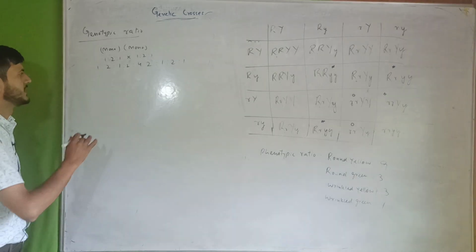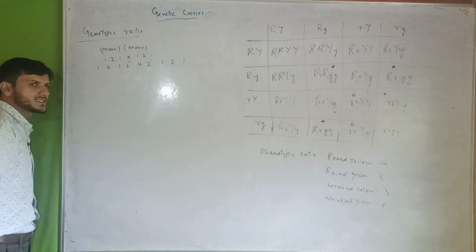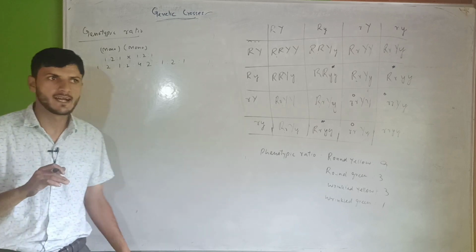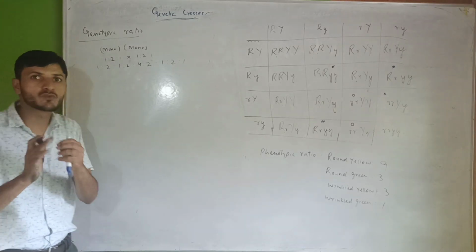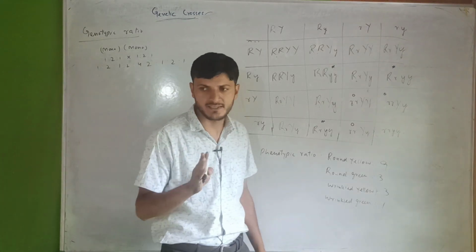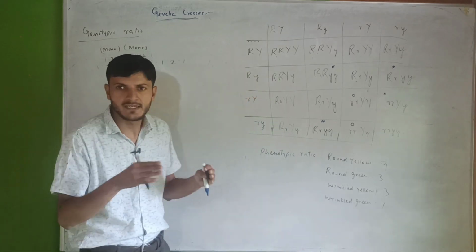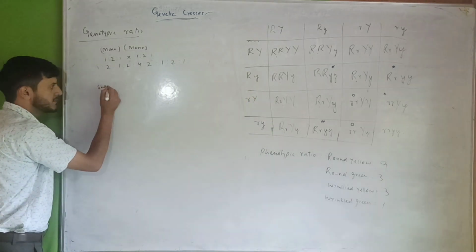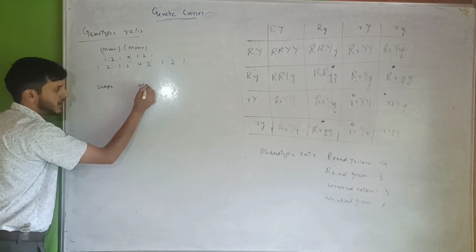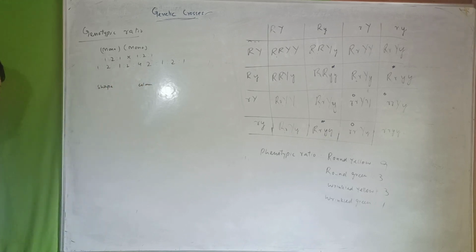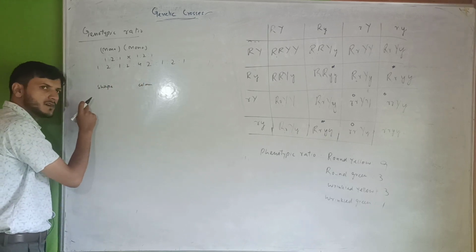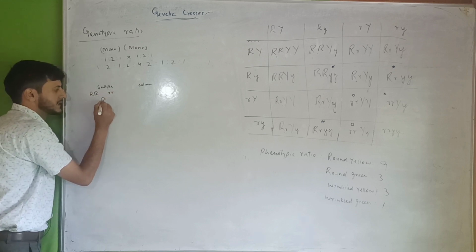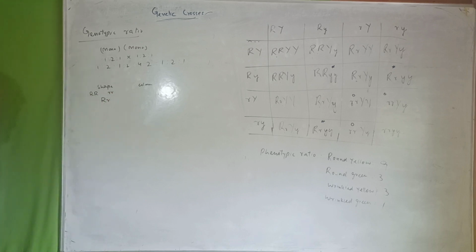Now, in the dihybrid cross, how many characters do we take? 2, and we separate these 2 characters into 2 parts. We are taking the shape and color of the seed. In shape, round, wrinkled, capital R, small r, F1 hybrid.